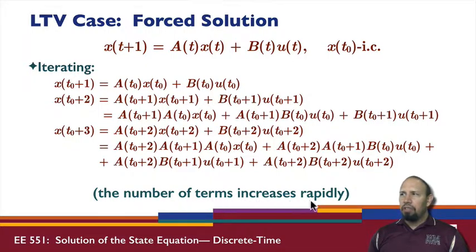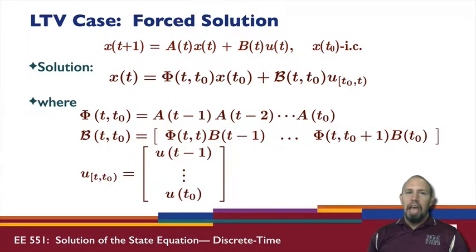We can see the number of terms increases rapidly because we can't combine them like we were able to before. However, we can still write the forced solution in this way, just like with the linear time invariant case, where now we have a different definition for the state transition matrix and a different definition for the control map. That's the beauty of this state transition matrix notation.